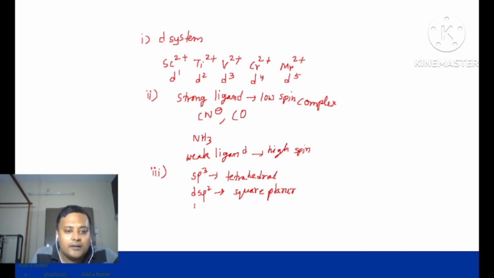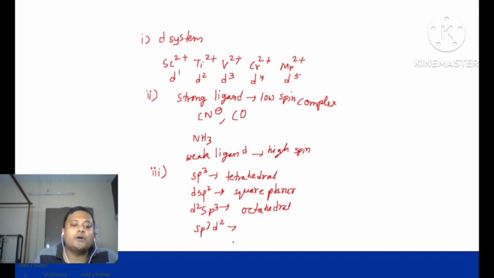Then d2sp3 is octahedral, an inner d complex. Another one, sp3d2, is also octahedral but an outer d complex. So only these four you have to remember: sp3, dsp2, d2sp3 and sp3d2.